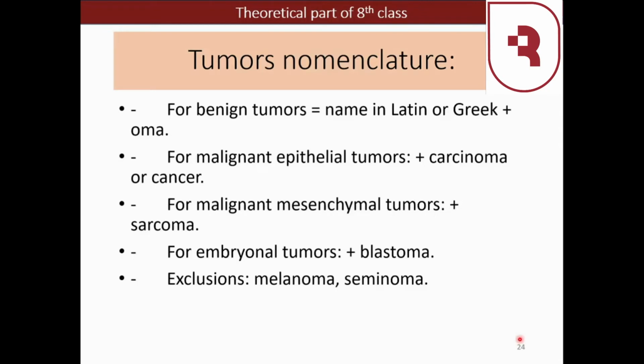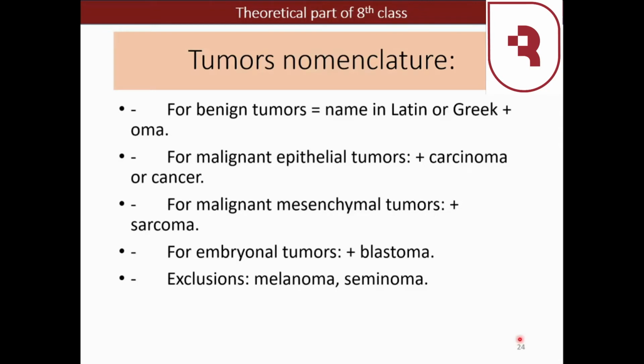For malignant tumors, we can see some different ways of nomenclature. First of all, we should divide all malignant tumors into tumors from epithelium and tumors from mesenchymal tissues. In case of epithelial tumors, we just add the suffix carcinoma or just say cancer.